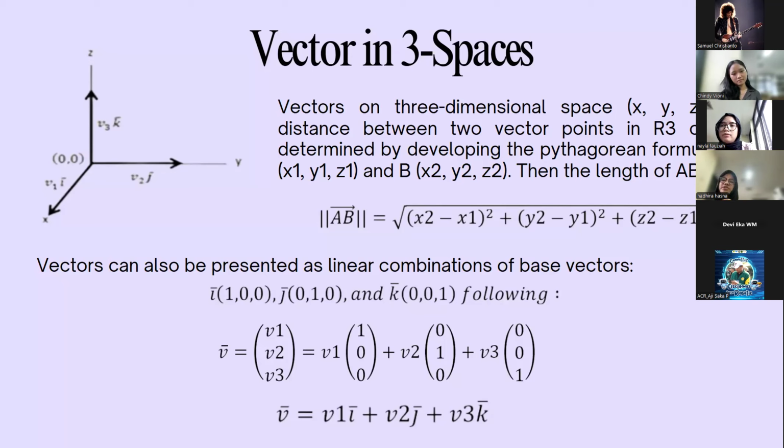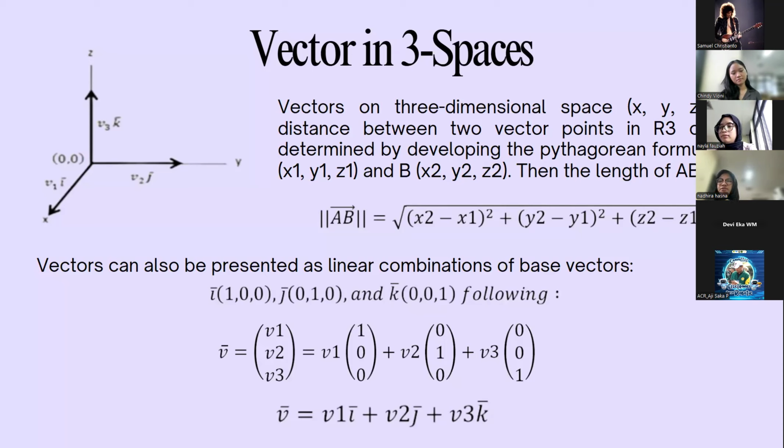Vectors can also be presented as linear combinations of base vectors. For example, vector i is (1, 0, 0), vector j is (0, 1, 0), and vector k is (0, 0, 1). So the following is vector V equals (V1, V2, V3).